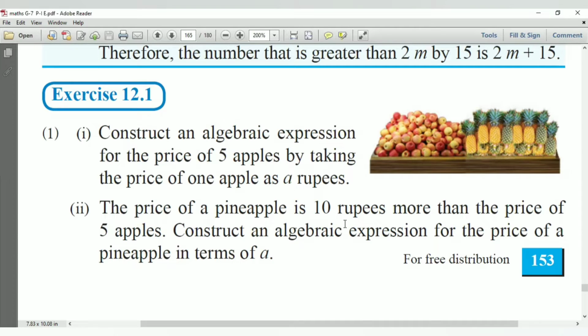So you have to construct an algebraic expression for the price of a pineapple in terms of A. First, you have to find the price of 5 apples.